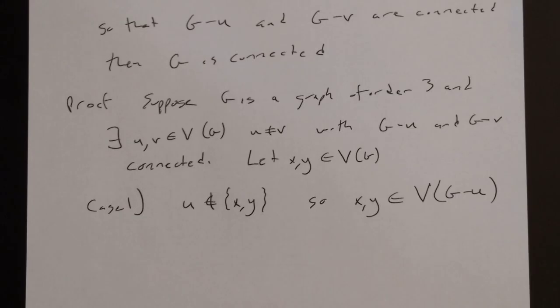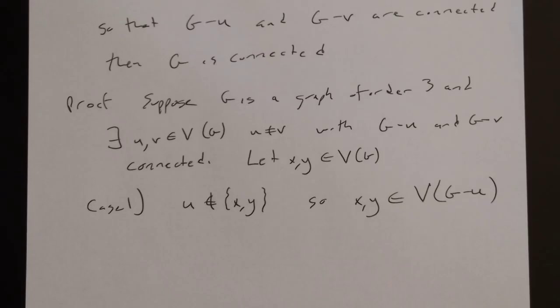What do I know about this graph, G minus U? It's connected, which means there's a walk from X to Y. And if there's a walk, there's a path. Perfect.